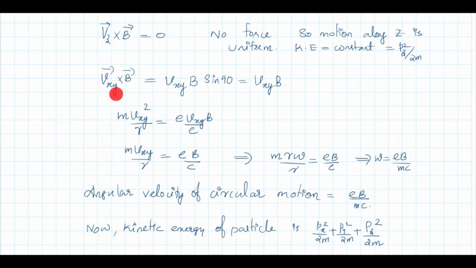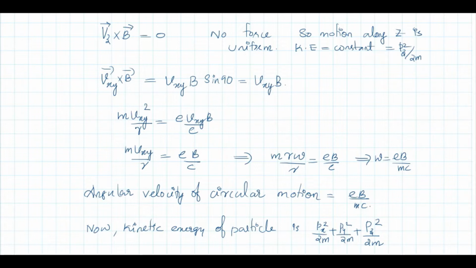But Vxy cross B, that will be Vxy B sine 90, and it is Vxy B because sine 90 is 1. So the Lorentz force is given by e into Vxy B divided by c. And the direction of this force will be perpendicular to the velocity and magnetic field.